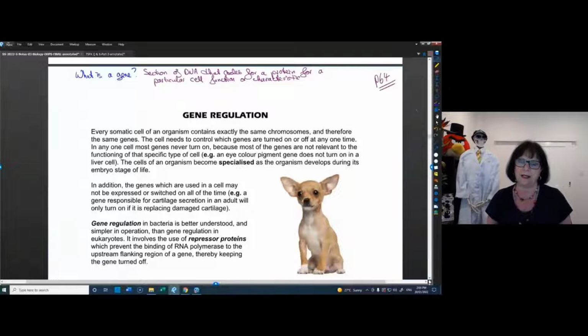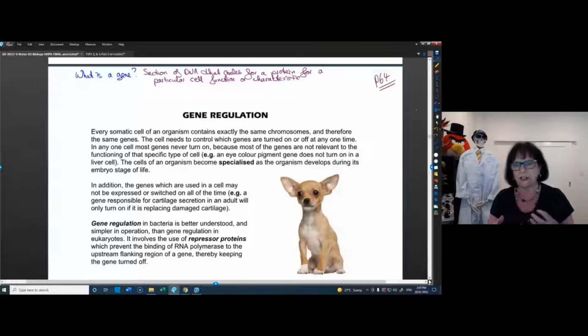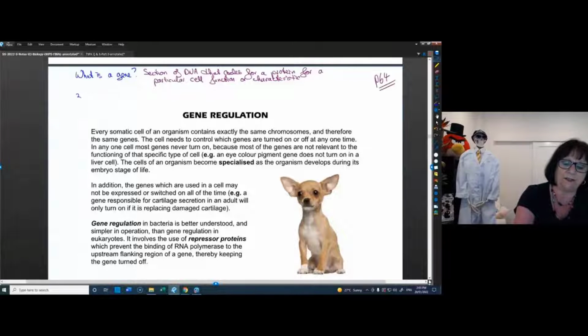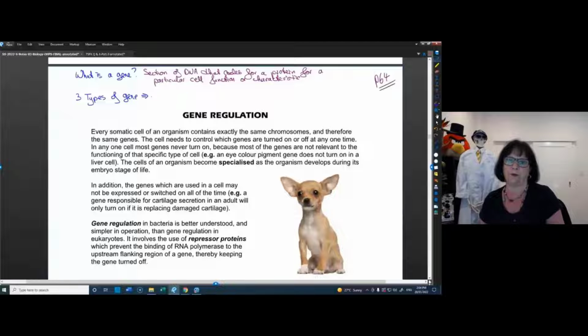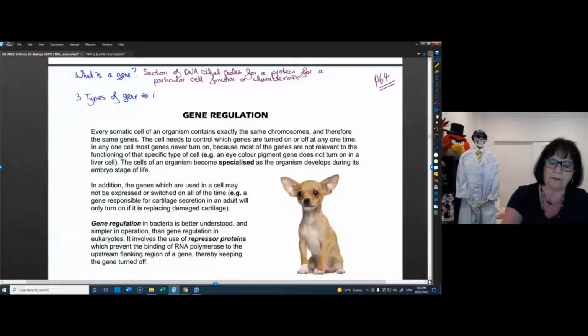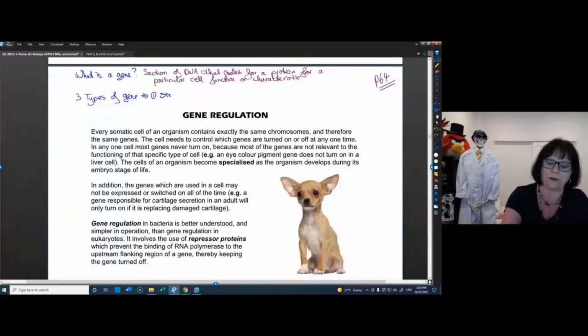Scientists, once finding that, then did a lot of investigation, knocking out genes, changing, mutating DNA, using computers to realize there's actually 3 different types of gene, depending on what the protein that they code for actually does. Now, the first type, the one we tend to talk about mostly, are what we call structural genes.